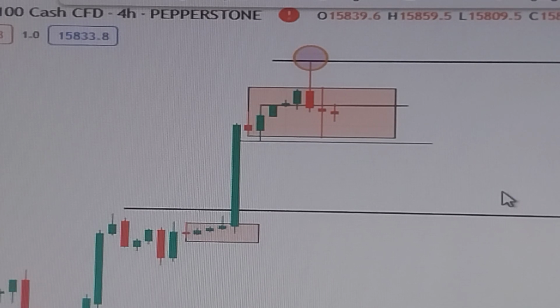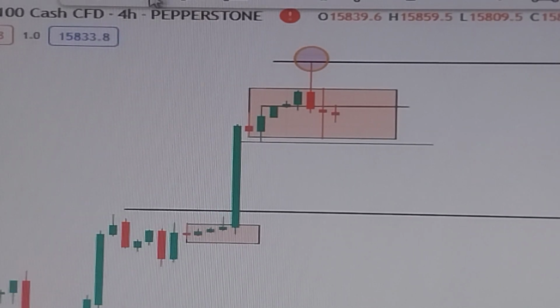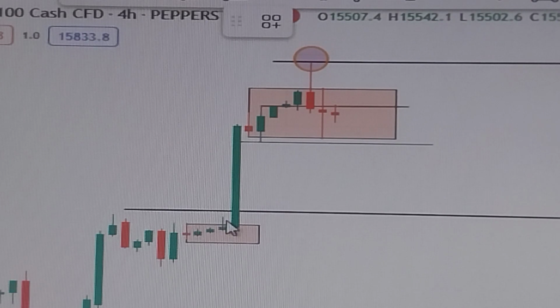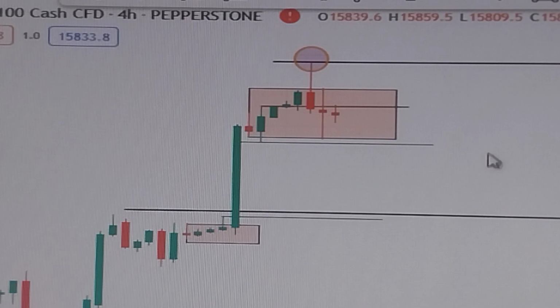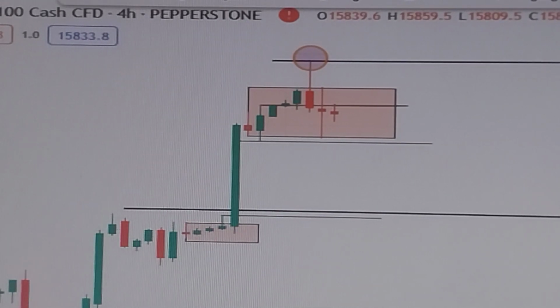Because we had a break of structure on this area, so the market broke out from here. We see the market breaking out from here on Nasdaq, and then we don't see that area being retested.